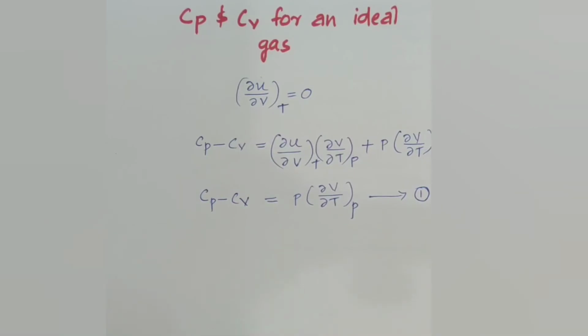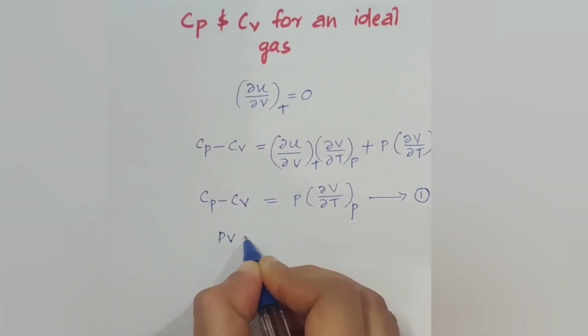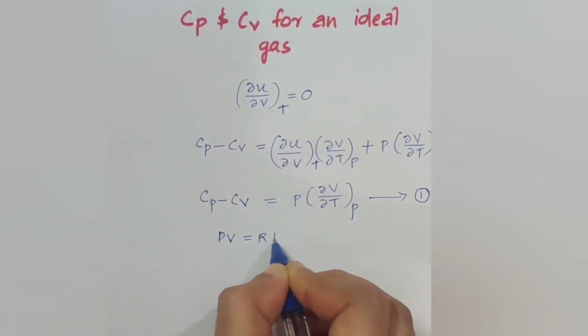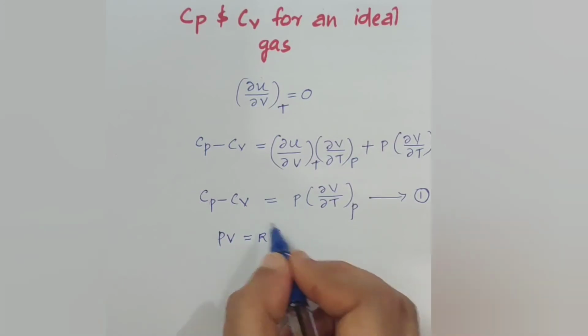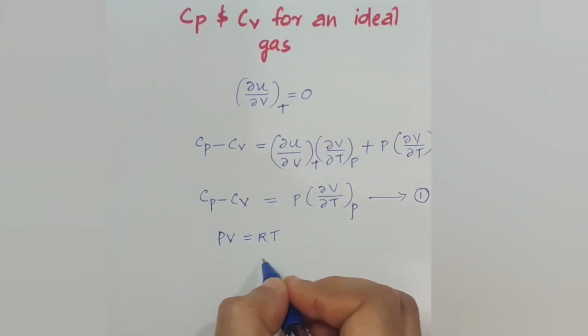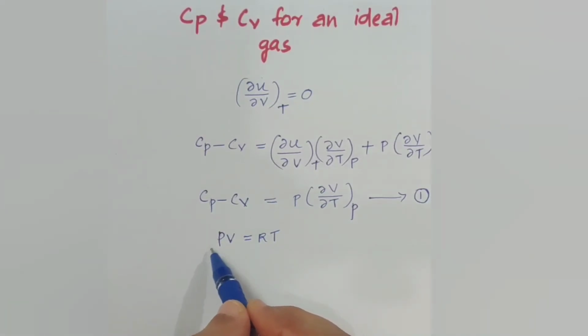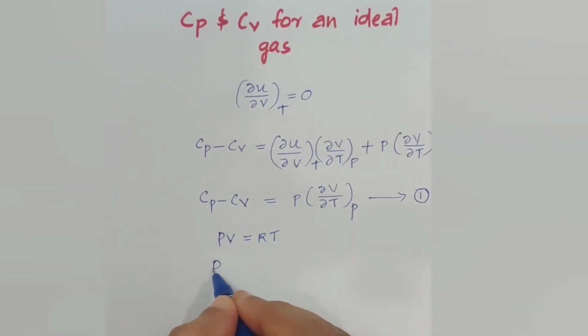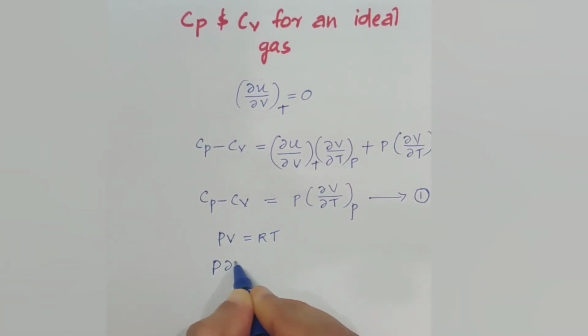For 1 mole of an ideal gas, PV is equal to RT. That's what we are doing here. Differentiating this equation with respect to temperature at constant pressure, P is taken outside.